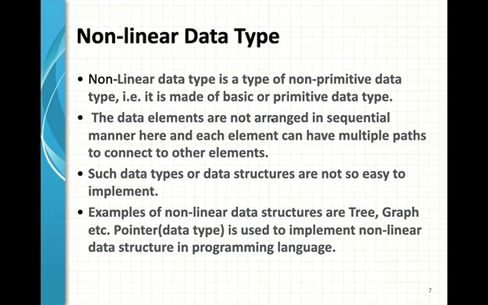Now non-linear data type. Non-linear data type means the organization will not be sequential anymore. Non-linear data type is a type of non-primitive data type obviously, made of basic or primitive data types, no problem. And the data elements are not arranged in a sequential manner, and each element can have multiple paths to connect to other elements.